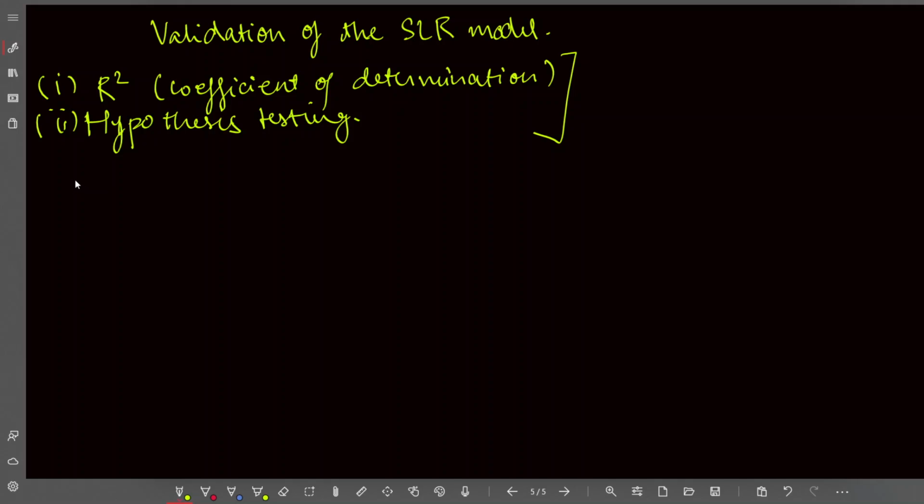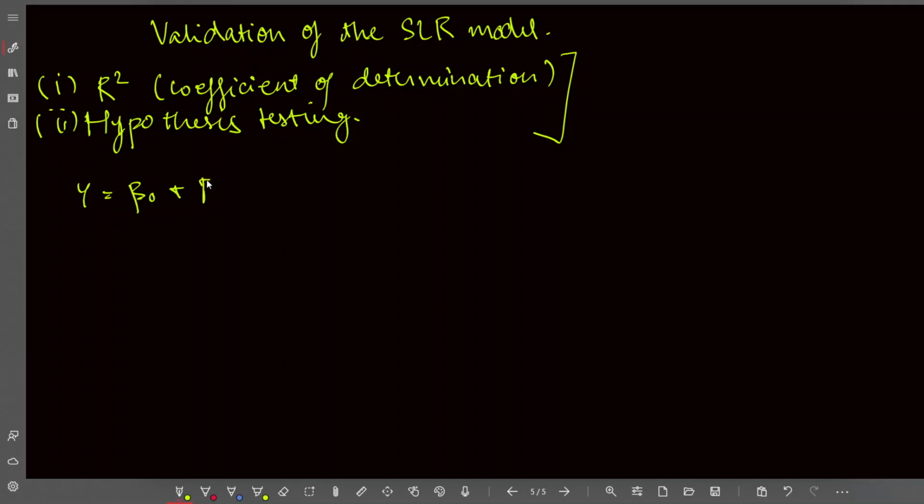Okay, so let's start with R square. The primary objective of regression is to explain the variation in Y using the knowledge of X. We want to explain how Y varies with respect to X, correct?